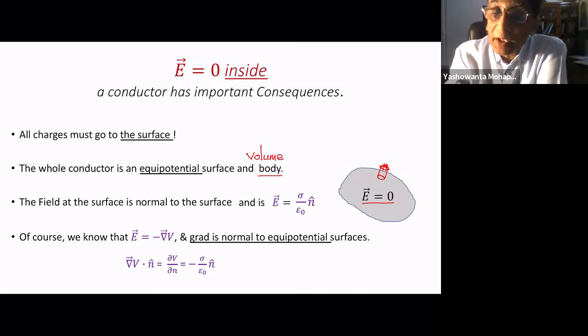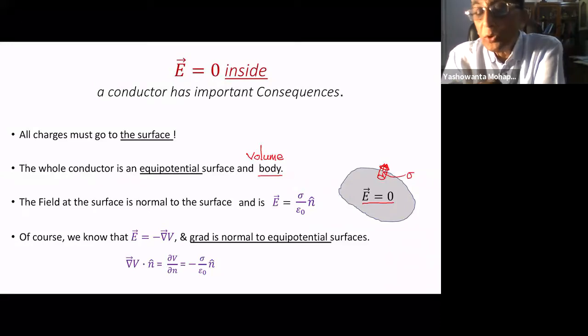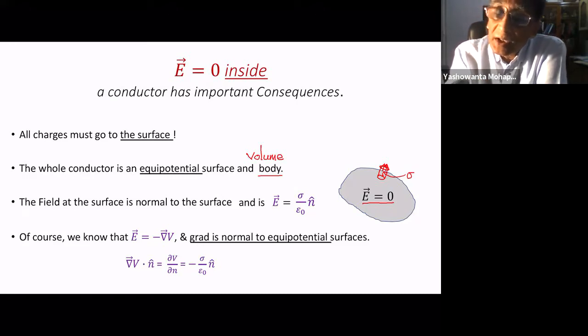If there is some sigma at this place, then all the contribution is from the charge enclosed. If I say area A, then in the Gaussian surface the charge enclosed is sigma A by epsilon naught.